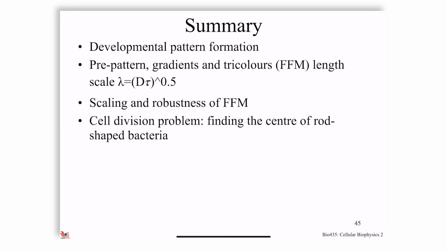The cell division problem that we spoke about discussed the finding of the center of rod-shaped bacterial cells using a spontaneous reaction diffusion system, or self-organized one, where traveling waves in a one-dimensional system seem to result in a concentration minimum of MinD, which inhibits FtsZ, which is the primitive cell division protein, which therefore then results in cell division at the center of the cell.